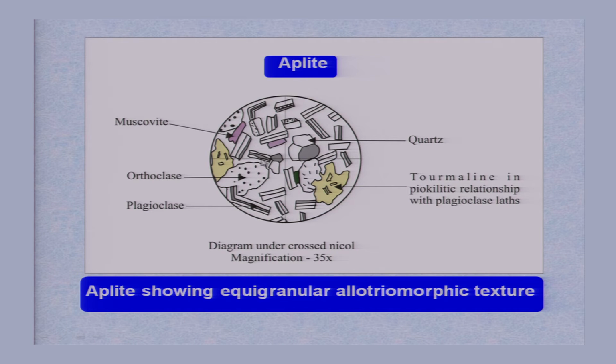See carefully, all the grain sizes are more or less equal, and this rock is chiefly composed of quartz, orthoclase, plagioclase. Tourmaline is in poikilitic relationship with plagioclase laths, and is present in subordinate amount. Muscovite is also present in subordinate amount.